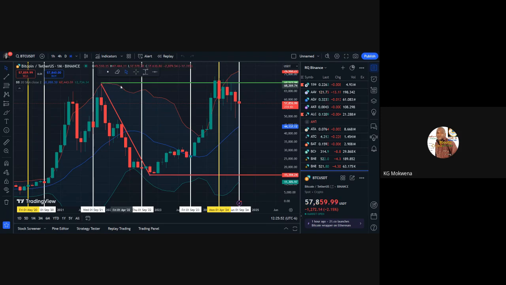And now I'm highlighting that with this horizontal green line. I just plotted that line to show you the all-time high that we had since the 2020 halving, which actually took place in 2021 November.